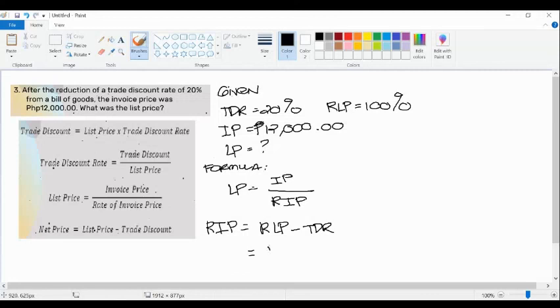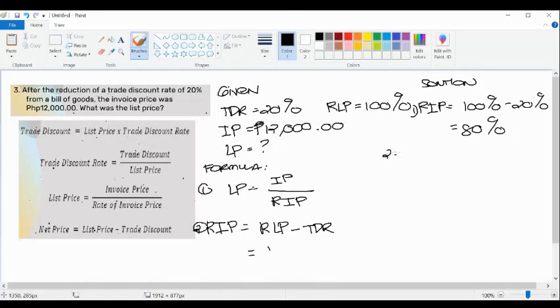Okay? So solution. Let's compute first for the rate of invoice price. That is 100% minus 20%. That will give you an answer of 80%. Now, we have the rate of invoice price. Let's compute for the list price.